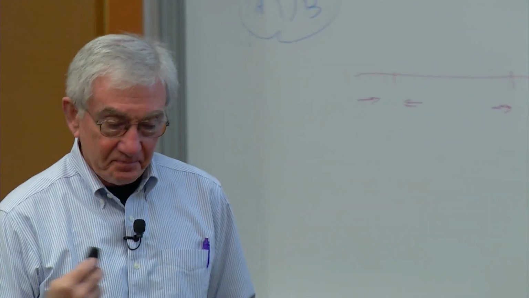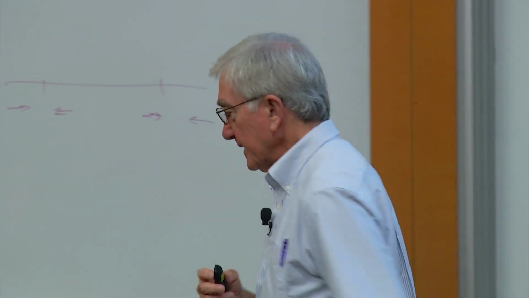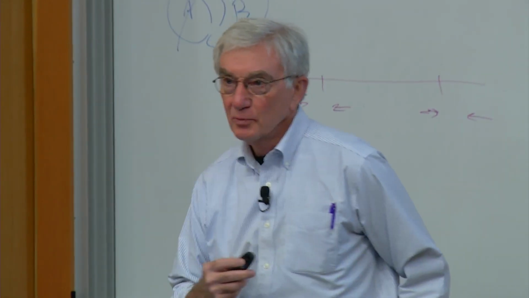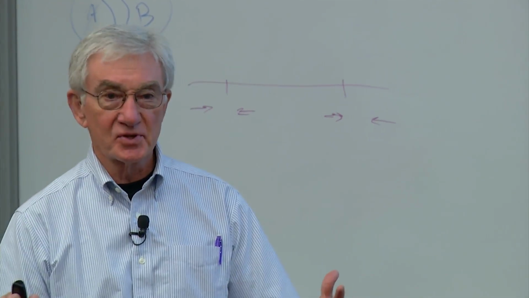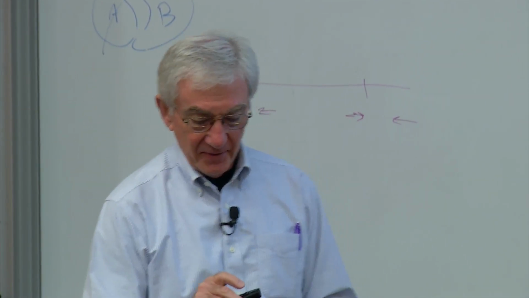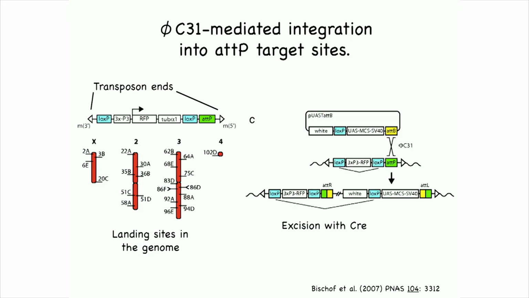So, trying to remember the year, Alan Spradling and Jerry Rubin in the 1980s sometime developed a transgenesis procedure for Drosophila. And the way this works is that they take a natural Drosophila transposon and use its ends to incorporate any piece of DNA, any gene you want. And the transposon that was initially used was called the P element.